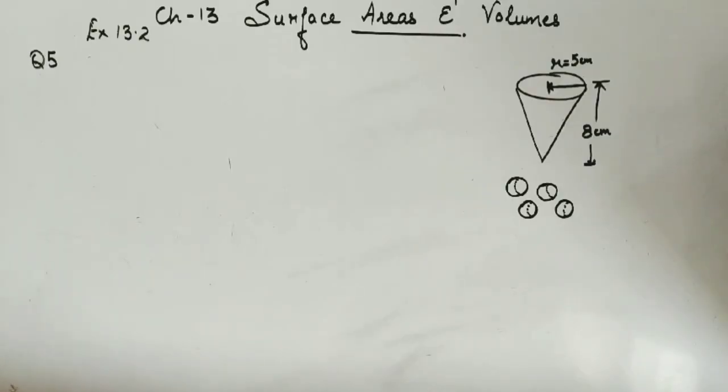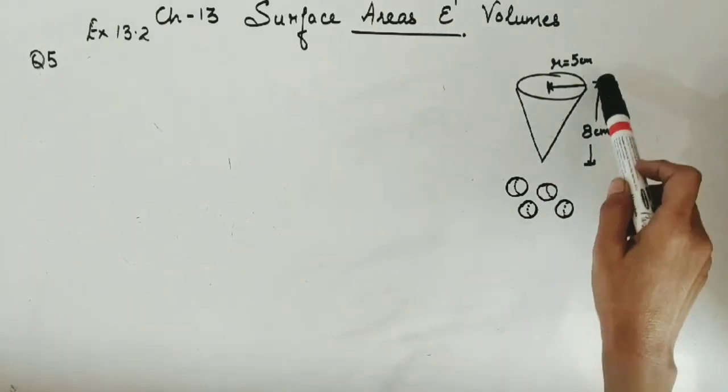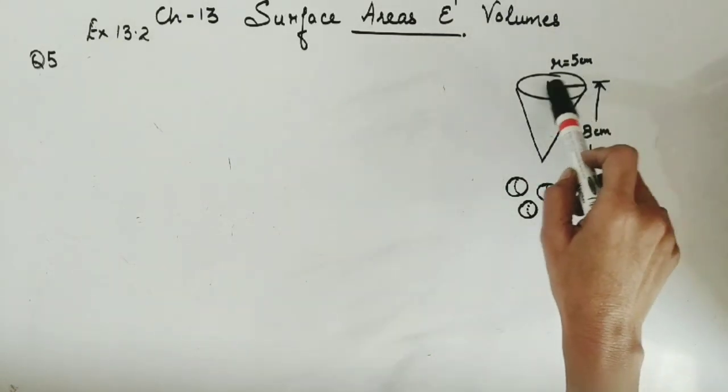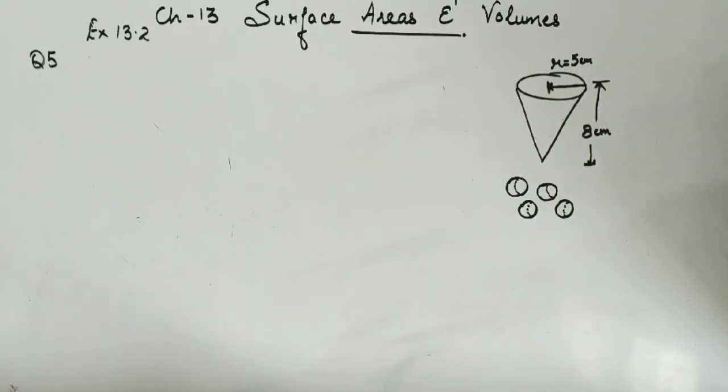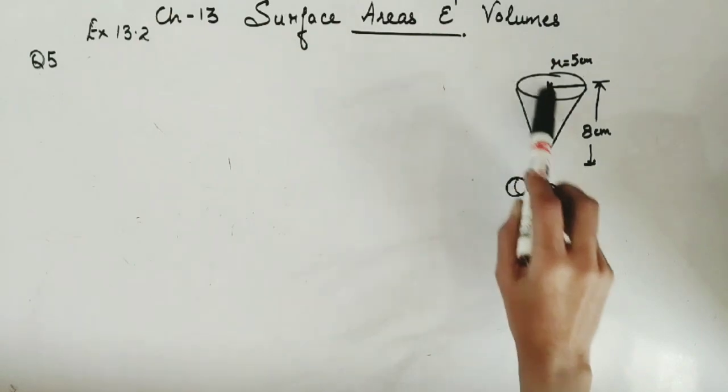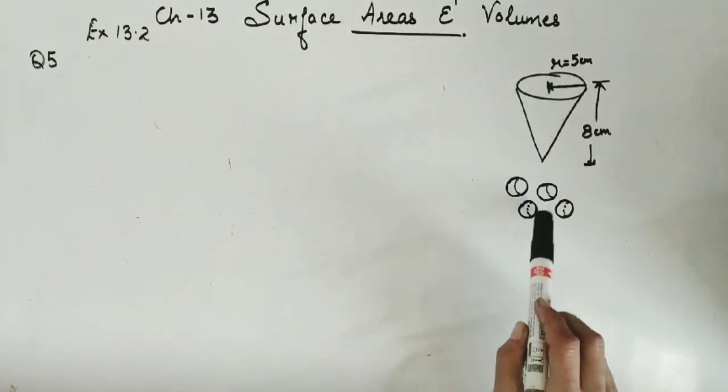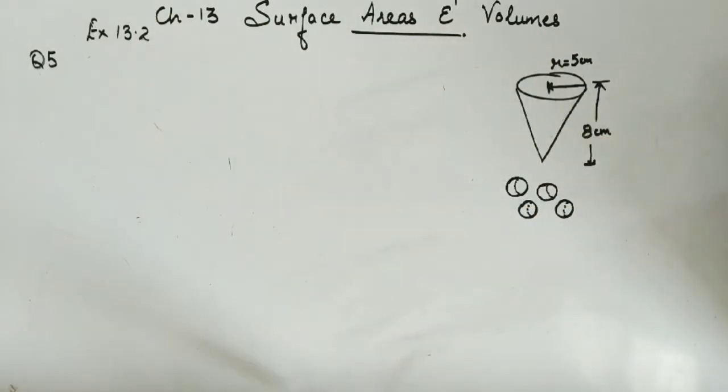Question number 5 from exercise 13.2 says there is a conical vessel, an inverted cone, whose height is 8 cm. It's open from the top, and the radius of the top is 5 centimeters. It is filled with water up to the brim, and then a certain number of spherical lead shots are dropped in this vessel.